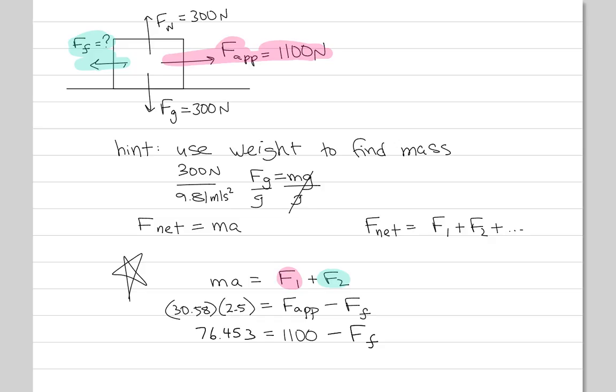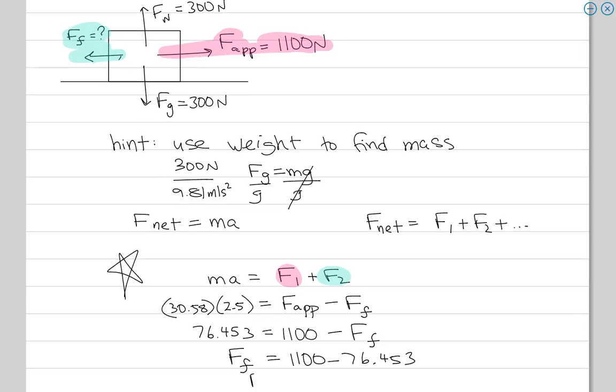Now how to solve for the force of friction. This is basic linear equations. You move the FF to the left and move the 76 over here, and you have your force due to friction. So 1100 minus that answer, I got 1023.55, and then I'll just throw it down into sig digs.